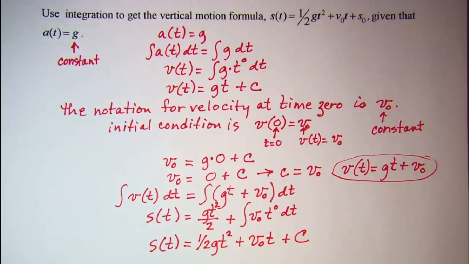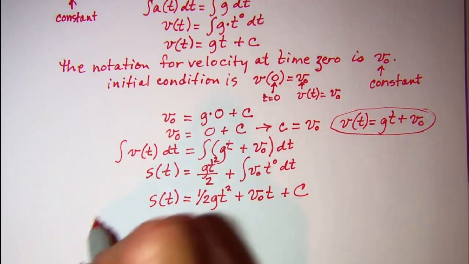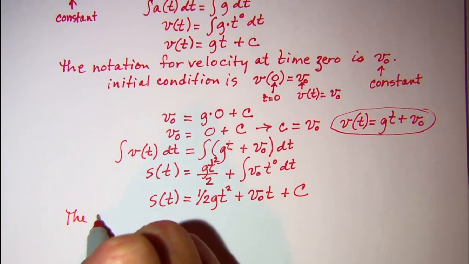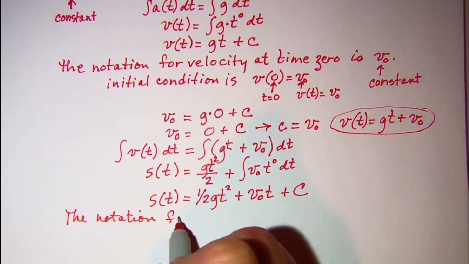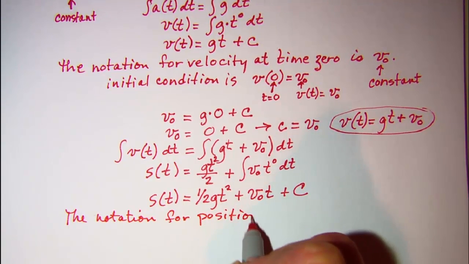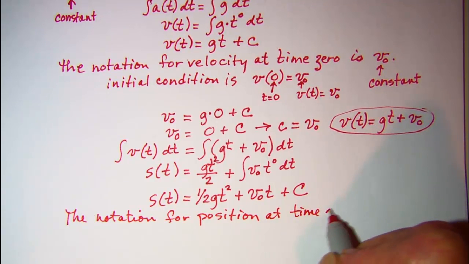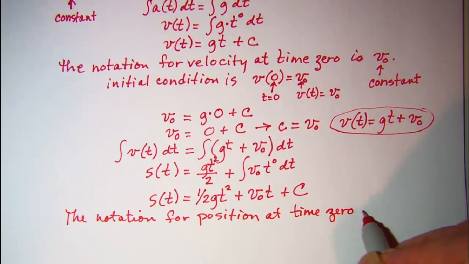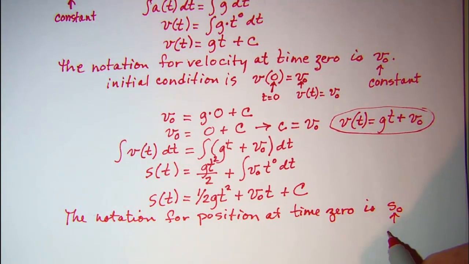Now the notation for position at time 0 is s sub 0, and this also is a number or a constant.